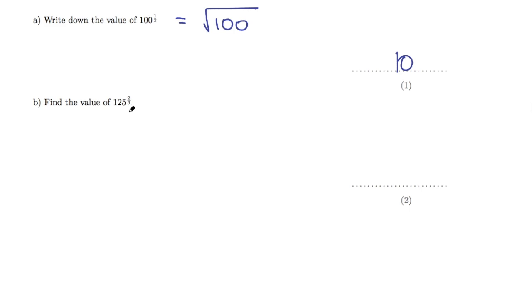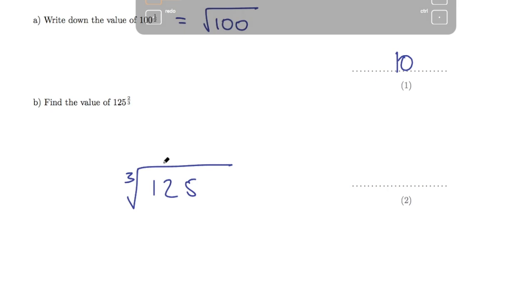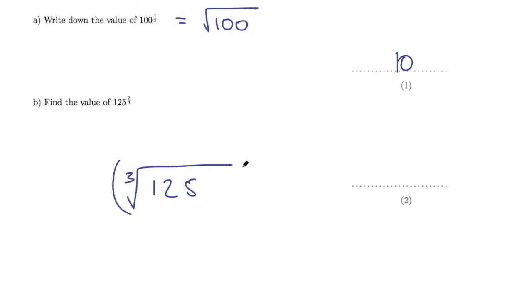And then again here it says find the value of 125 to the power of 2/3. What this means is we take the denominator, and that becomes the nth root. So this is the cube root of 125. It doesn't actually matter whether you put the squared inside the cube root or outside of it.